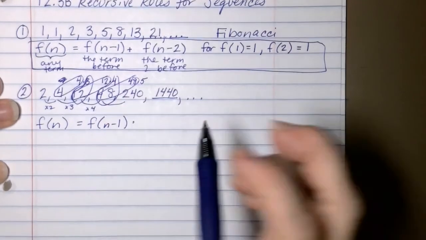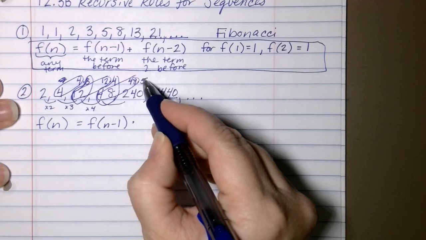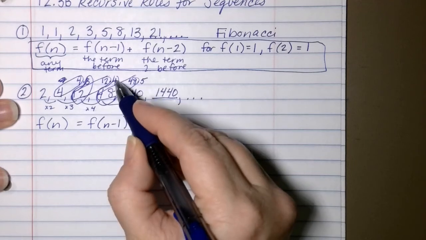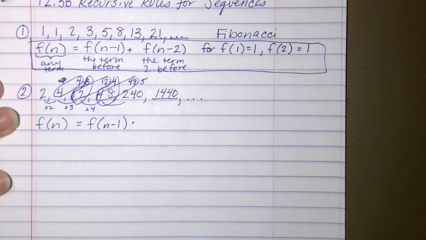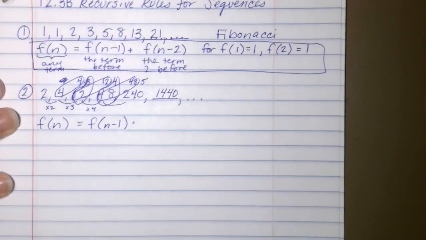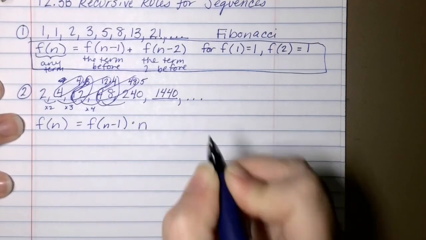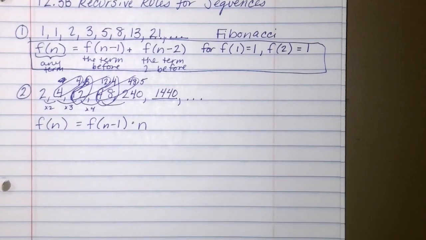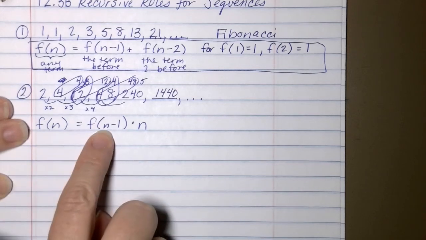Do you see anything interesting there? To get the fifth term, you multiply by 5. To get the fourth term, you're multiplying by 4. So to get the 10th term, you'd multiply by 10. Does that make sense? So you are multiplying by the number of the term you are looking for. So in other words, to get the 15th term, you would take the 14th term and multiply it by 15.